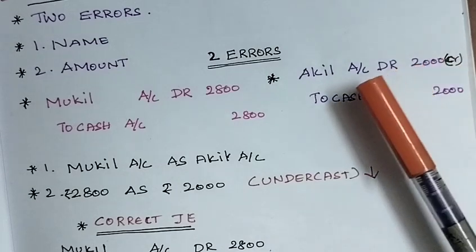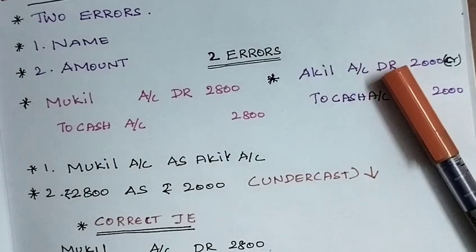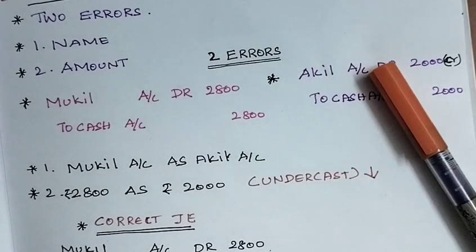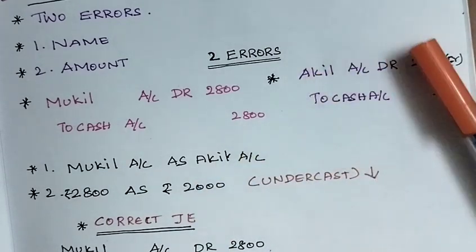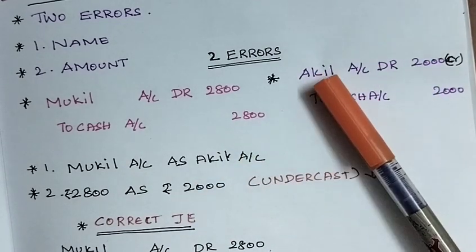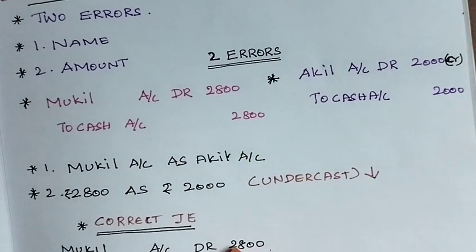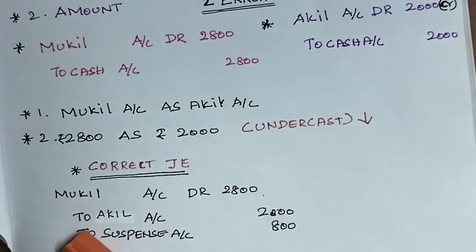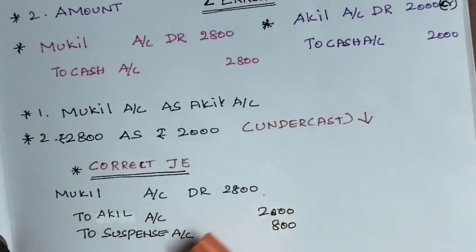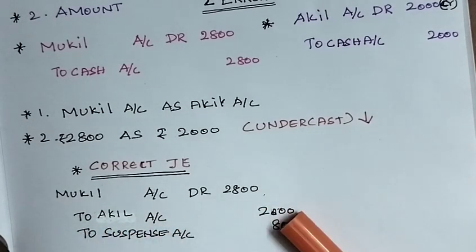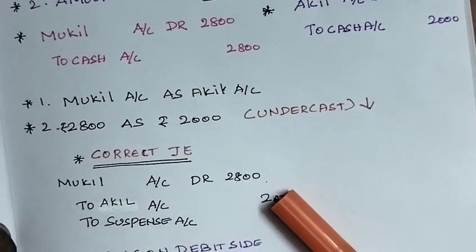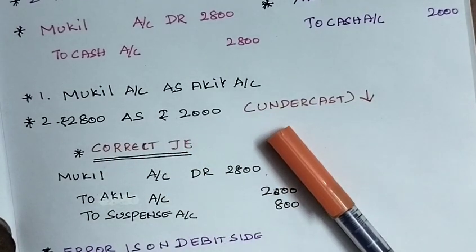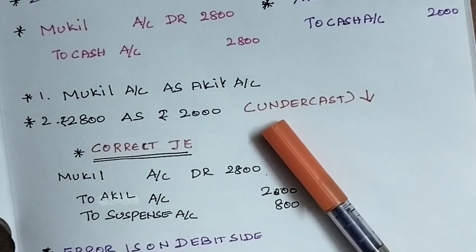The Akhil account debit error, and 2000 rupees is also under cost. So how do we rectify this error? The debited Akhil account will be credited only, and the error will be rectified. So we credit the Akhil account 2000 rupees, to Akhil account 2000 rupees. Then how many rupees is the shortage?